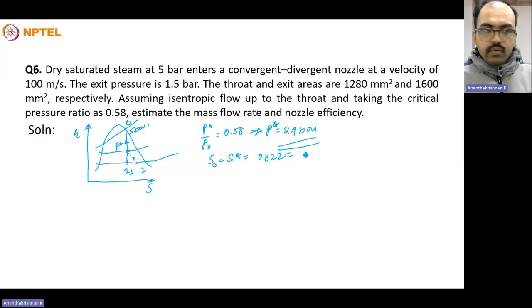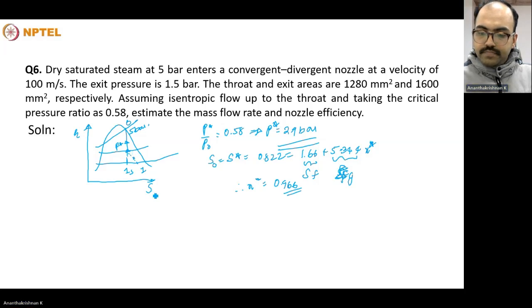So this will be equal to 1.66 plus 5.344, that is SF plus SFG times X star. So in order to find the dryness fraction at the point star, we will get X star is equal to 0.966, the quality of the steam at the throat point.